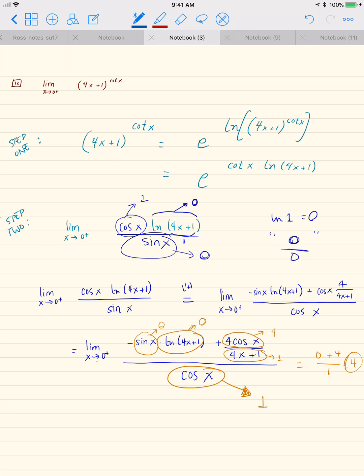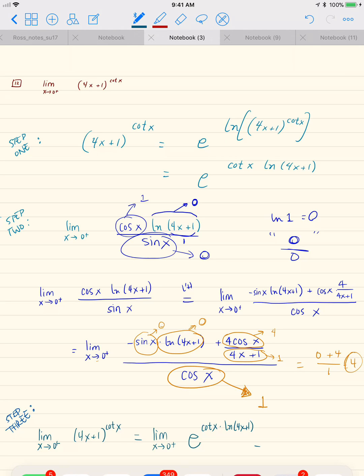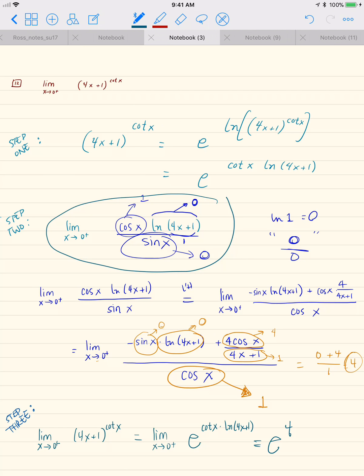Okay, so now we're on step 3, which is to say that our original limit as x approaches 0 from the right of (4x + 1) to the cotangent of x is equal to the limit as x approaches 0 from the right of e to the cotangent x times natural log (4x + 1), which is equal to e to the 4, because we computed that the limit of that exponent is equal to 4.